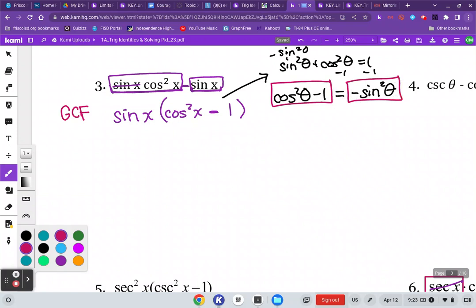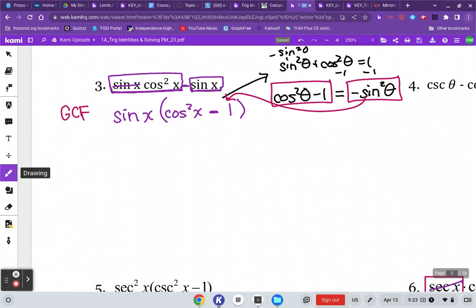So that's what I'm going to put in place of what's in my parentheses. I can substitute it in place of what I have there. So in my parentheses now, instead of cosine squared minus 1, I'm going to put negative sine squared, because those are equal to each other. So I can substitute it in its place. Good. So now I bring down the rest of my expression, I have sine of x times negative sine squared of x.